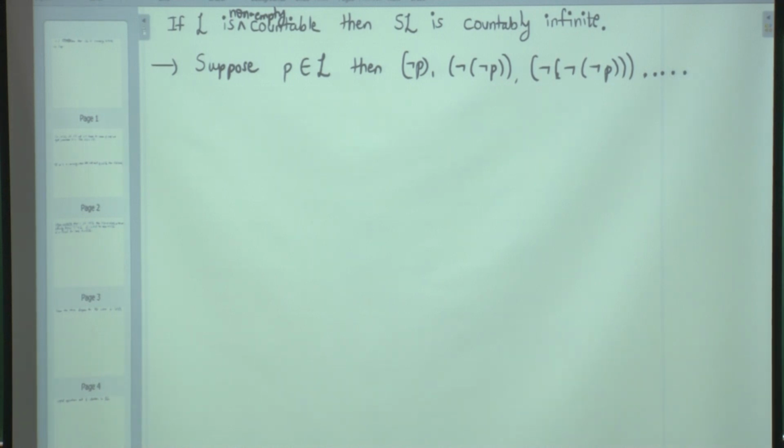They are elements of our L formulas. So how many are there like this? There are countably infinitely many such formulas, right? So therefore Aleph naught is a lower bound for SL.